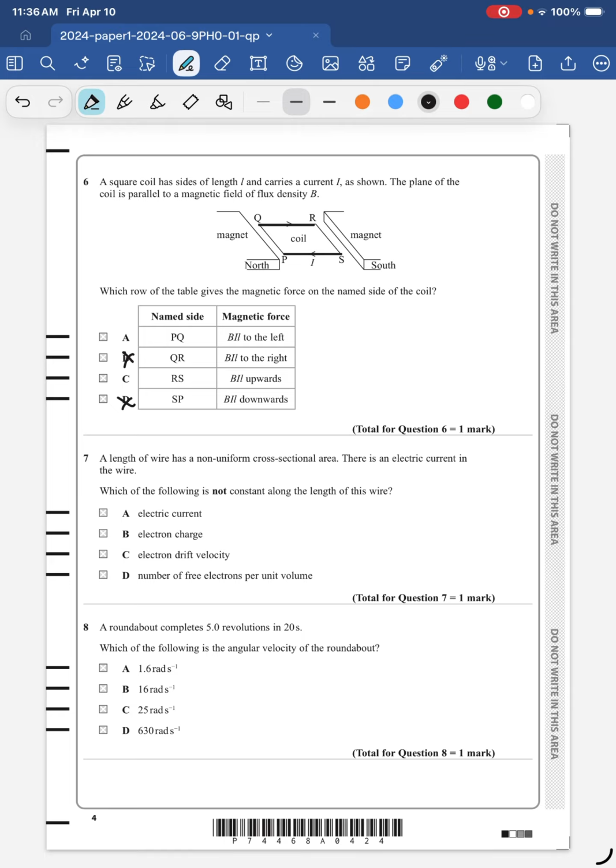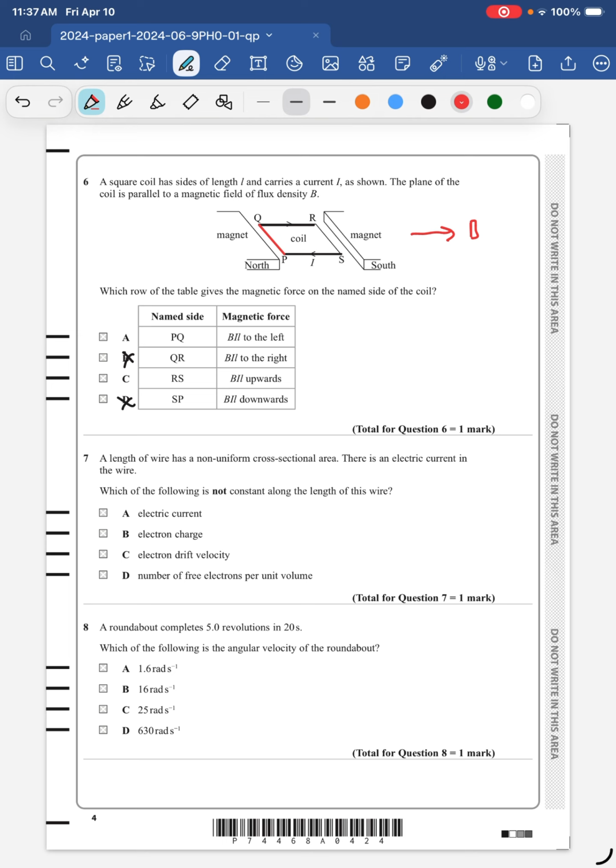Now option A says that on the side QP, so let's use red, the force is BIL to the left. Does that make sense? We can use Fleming's left-hand rule, with B pointing this way.